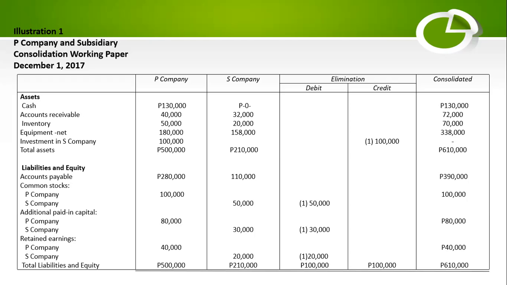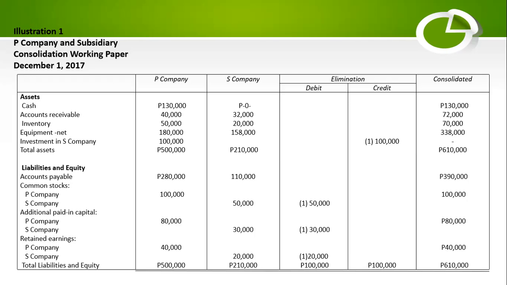Then for the elimination entries, the first entry now is: number one, debit common stock of S company for 50,000. Debit APIC of S company 30,000. And debit retained earnings of S company for 20,000.